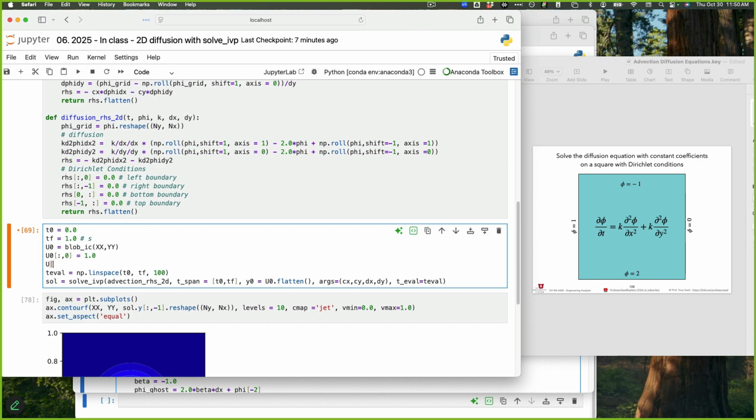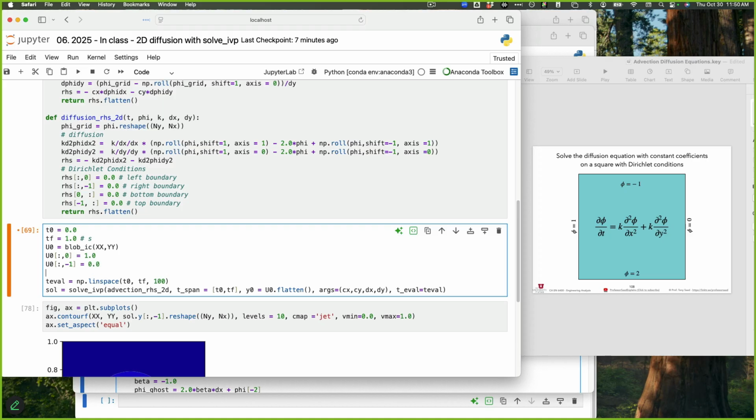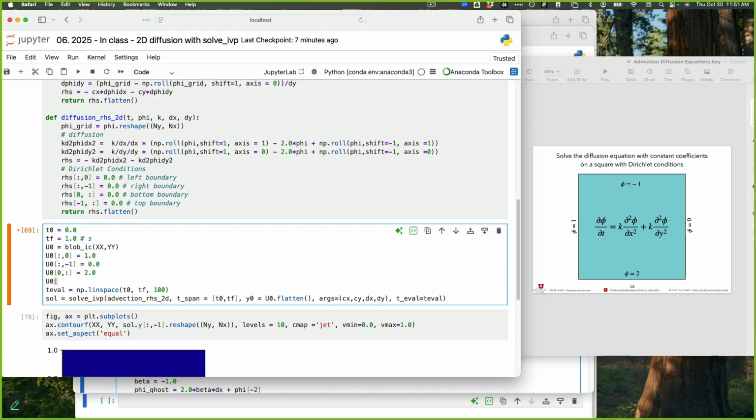On the right boundary, I have all the y values and the last x value, that's 0. On the bottom boundary, I have the 0 y index and all the x values, and that's equal to 2. And on the top boundary, I have the last y value, so -1 index on the first entry, and then a colon for all the x values, and that's -1.